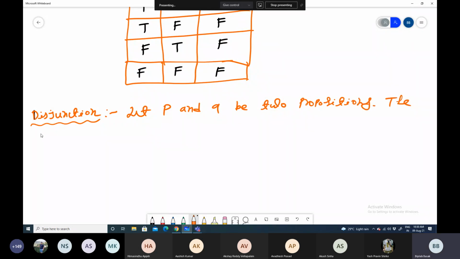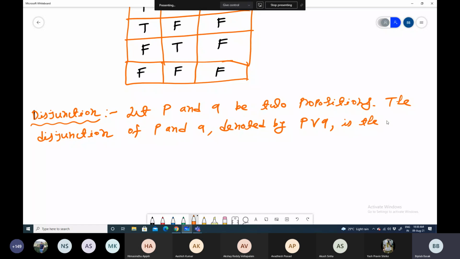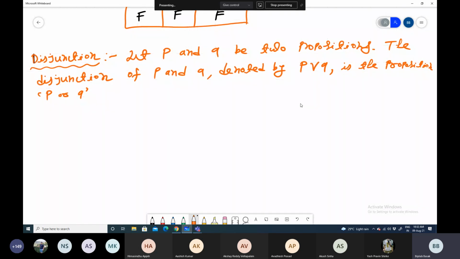Then the disjunction of P and Q is denoted by P or Q. We read it as P or Q, and it is the proposition P or Q. So when you have two propositions P and Q, the disjunction combines those two propositions by OR.